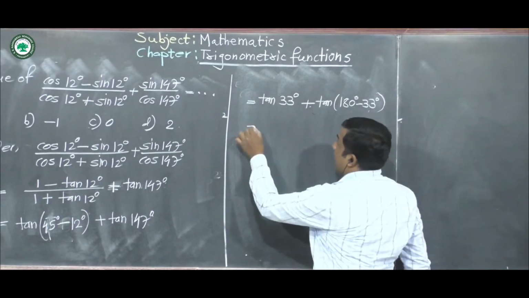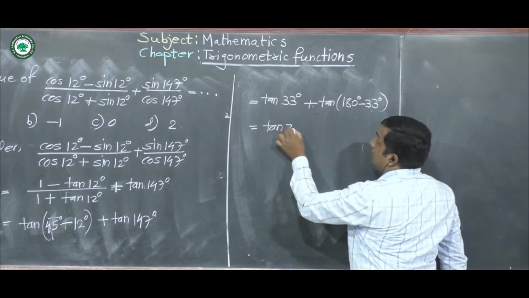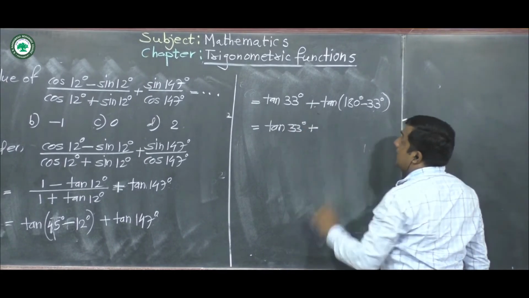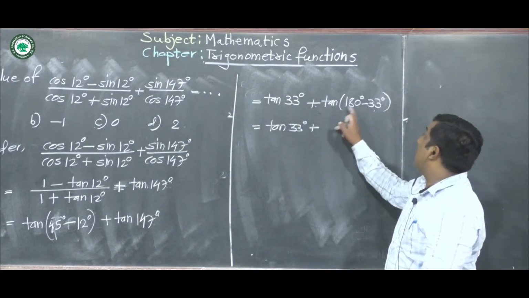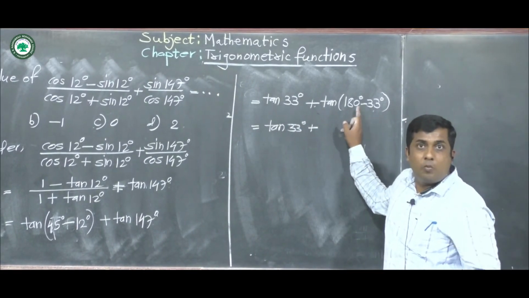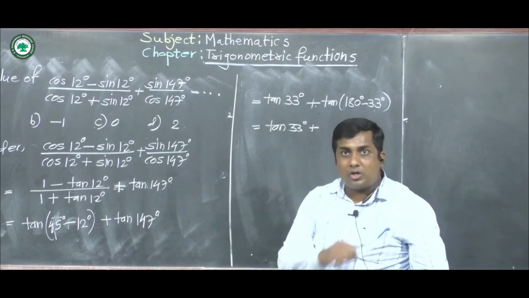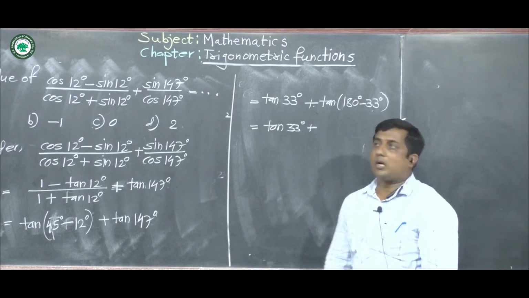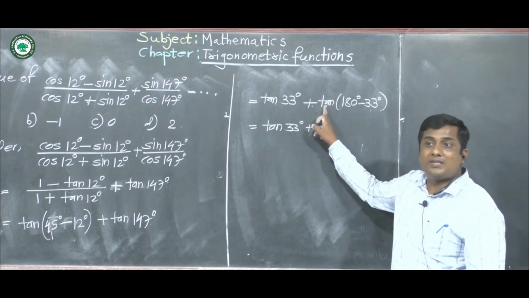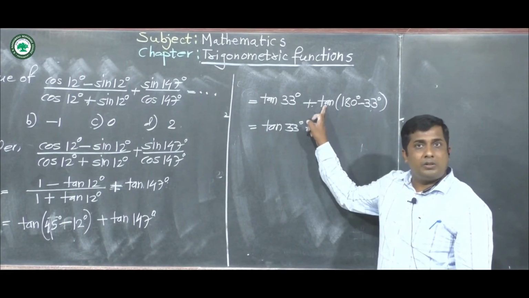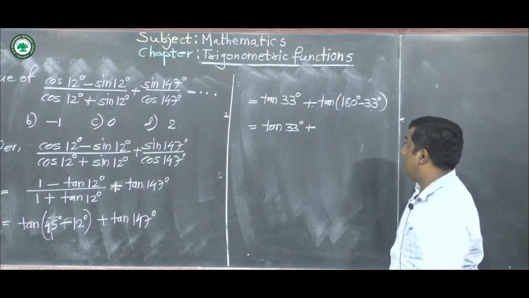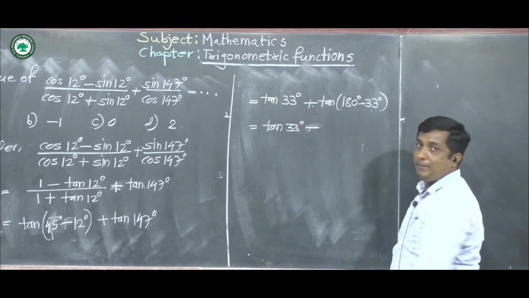This is in the second quadrant, and in the second quadrant tan is always negative, so we consider the minus sign.